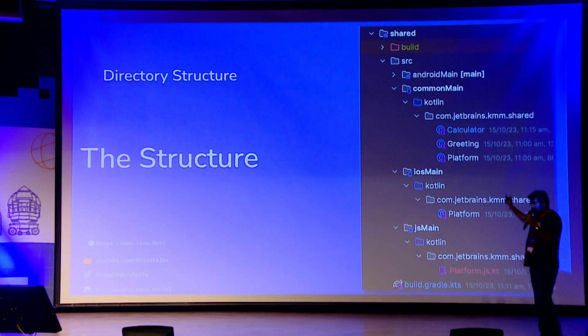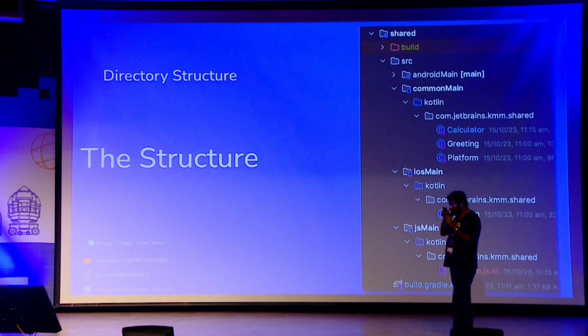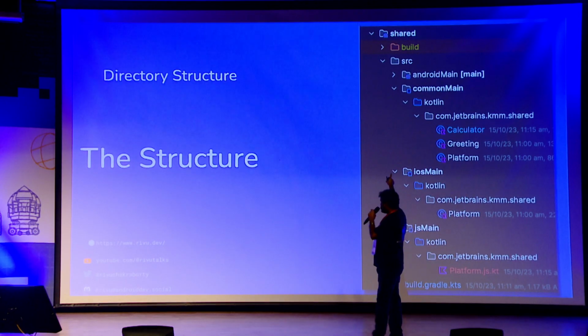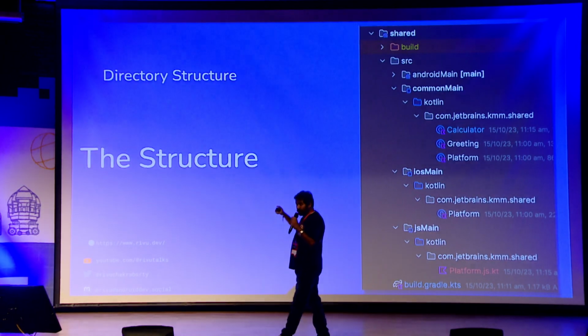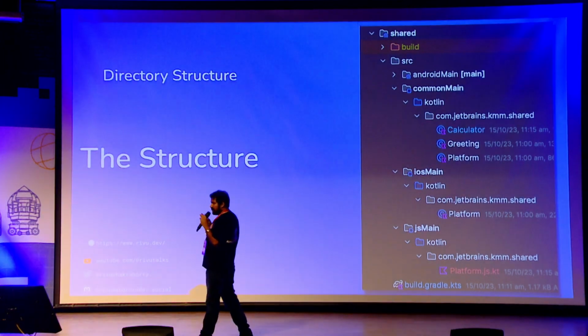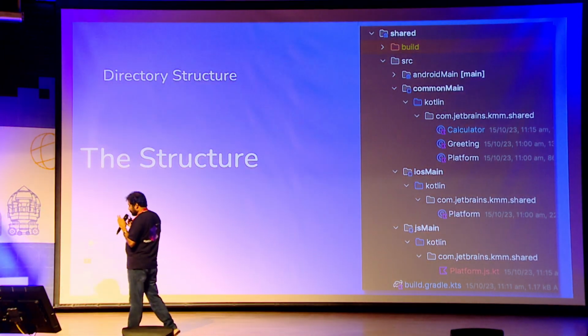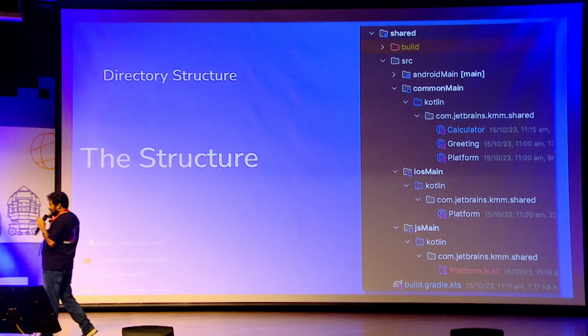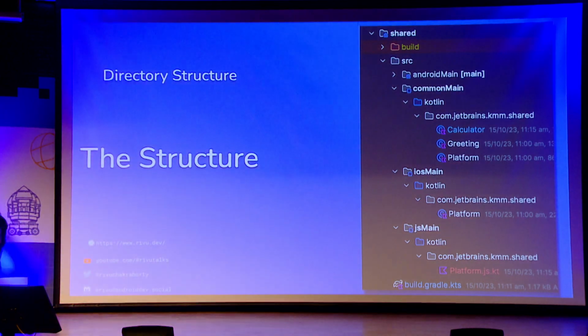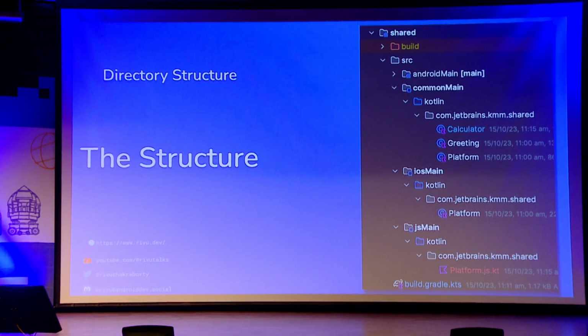And this is how the directory structure is. So you can see shared, right? Shared is a module. In IntelliJ or VS Code, you know what a module is, right? A code module is where you put a bundle of interrelated code together. And when you create an SDK in VS Code or IntelliJ, you create a module.